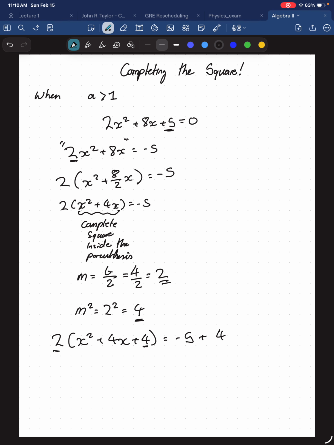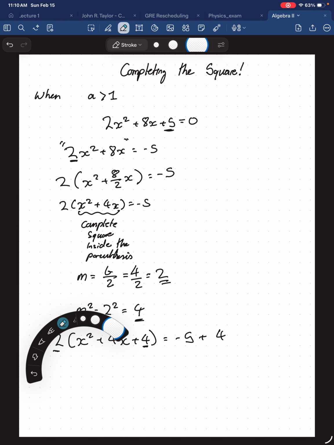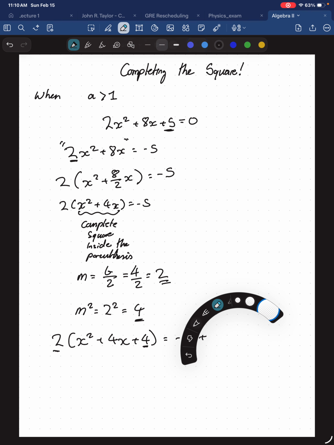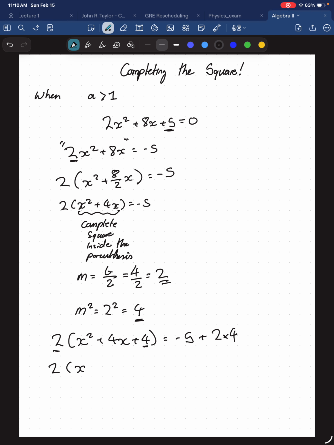So to balance the equation, to make sure I'm adding the same thing on each side, I need to add 2 times 4. So my equation now becomes 2x squared plus 4x plus 4 equals minus 5 plus 8.